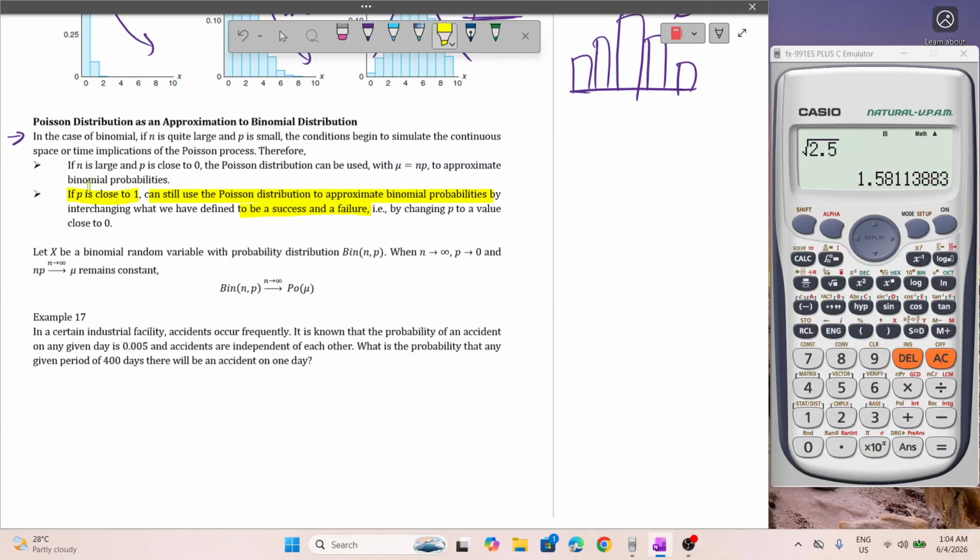So this is the approximation: binomial with n large and p small can be approximated by using the Poisson distribution when the mean, actually it is when the mean is larger.